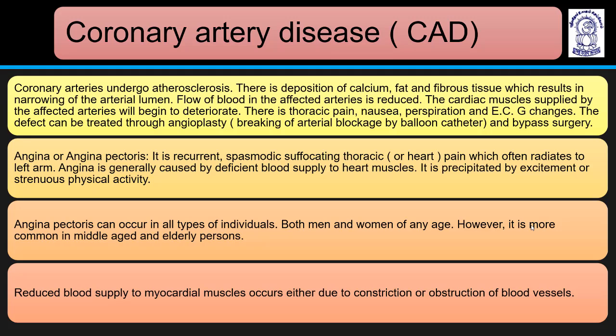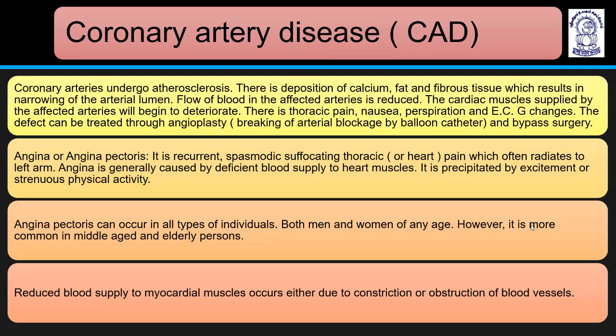The lumen of the coronary arteries gets accumulated with vegetations that include dead cells, debris, saturated fats, and platelet plugs. Because of this calcified vegetation deposited in the lumen of coronary arteries, it gets blocked.